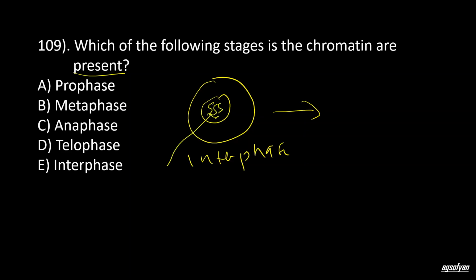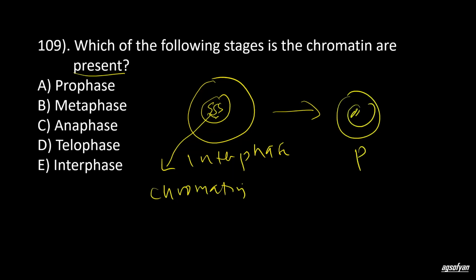It's just a thin thread called chromatin. When they start prophase and metaphase, the chromatin becomes chromosomes. So chromatin is only present during interphase.